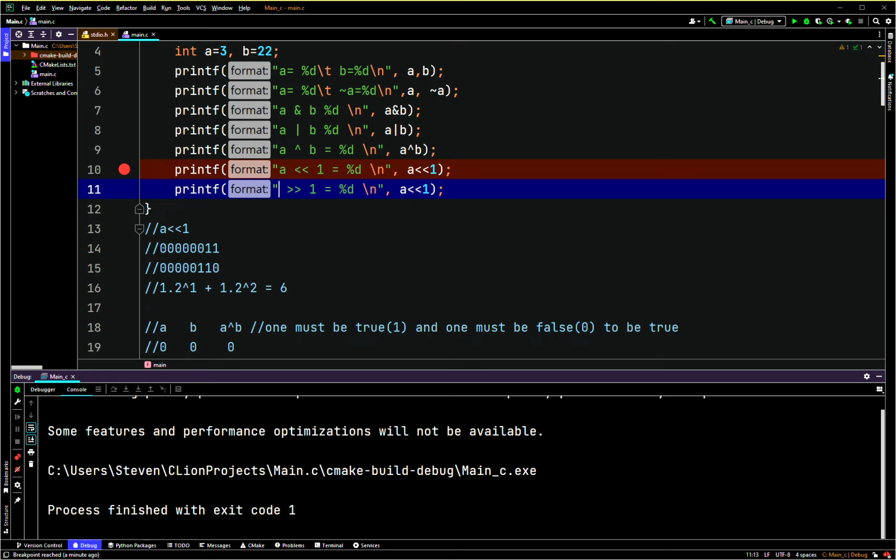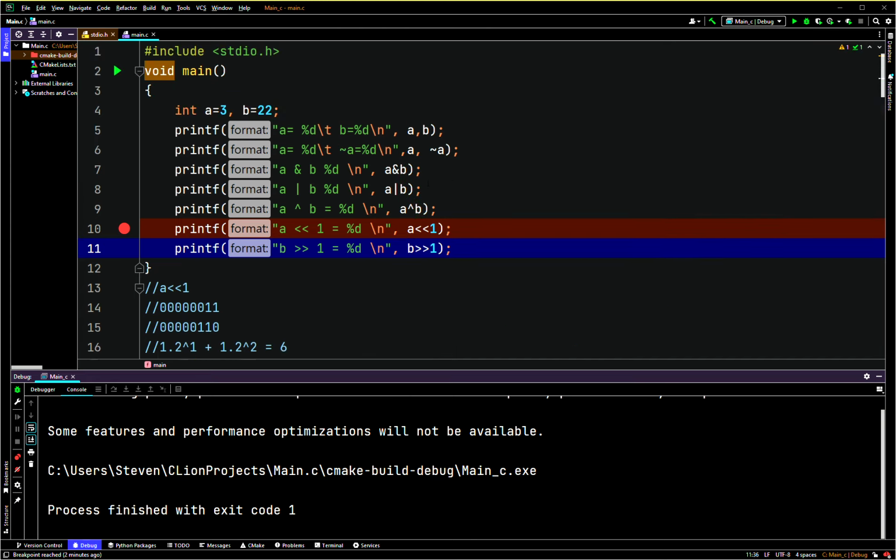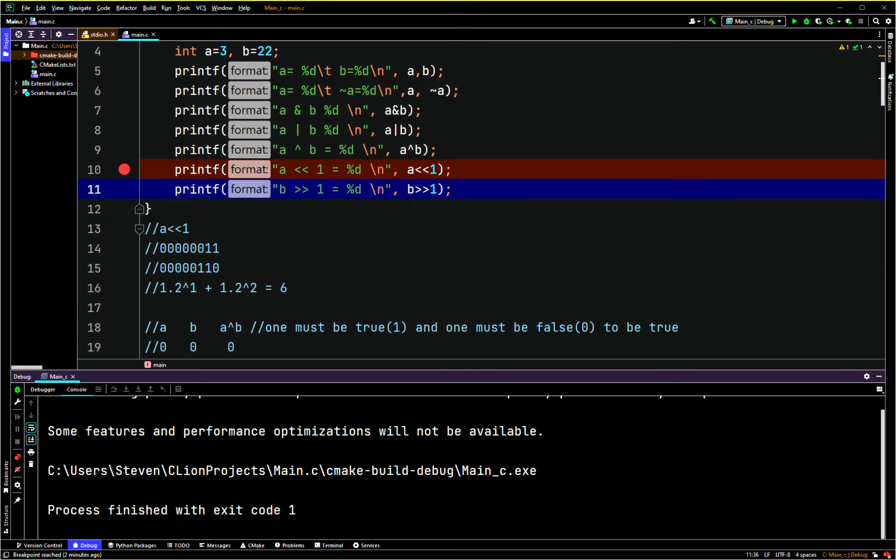So we'll take B right shift 1. Then here at the end we'll have B right shift 1. That should be correct. Format specifier and a string, B right shift 1. Okay, that's fine.